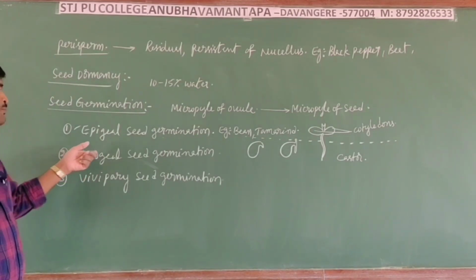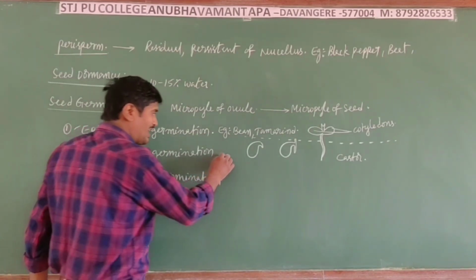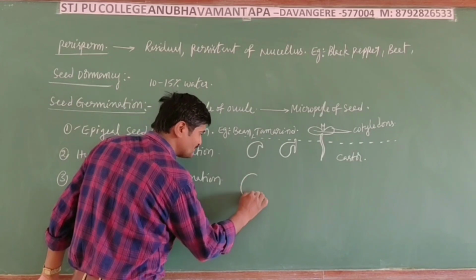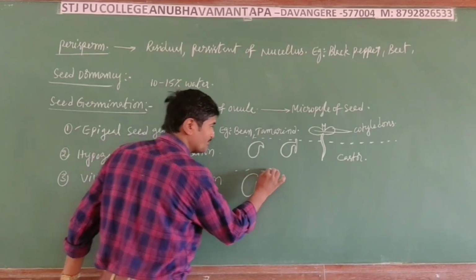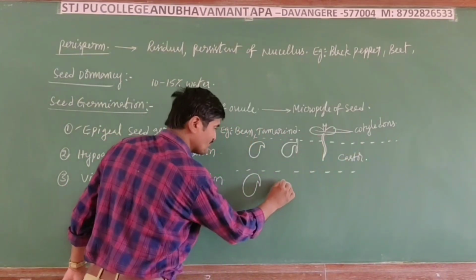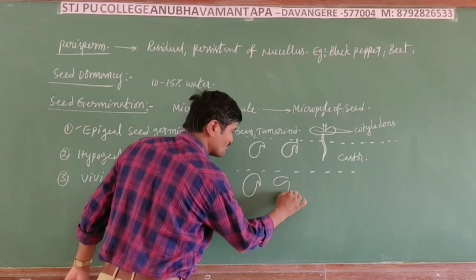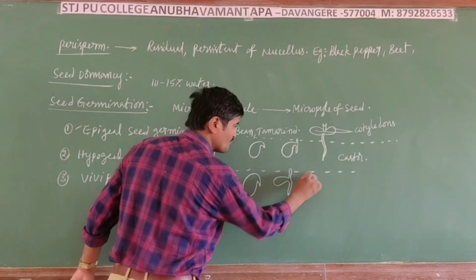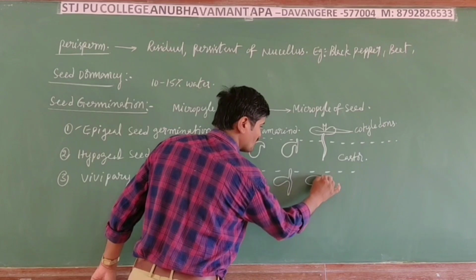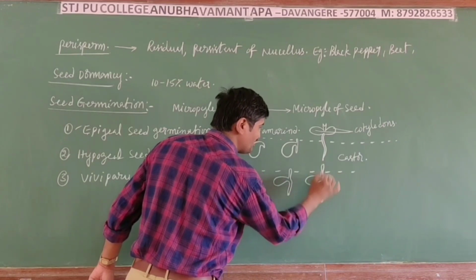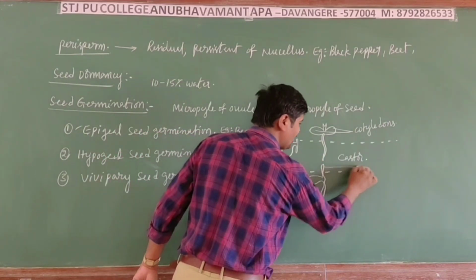What is hypogeal seed germination? Hypogeal seed germination means, see here, only the plumule comes above the soil layer.